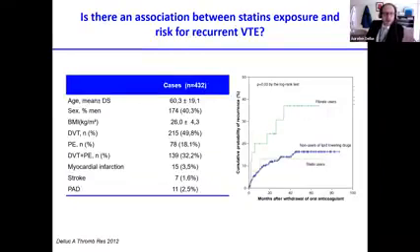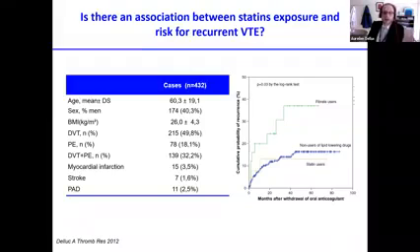So again, in our cohort of patients almost 10 years ago, we looked at the risk for VTE recurrence after a course of anticoagulation in unprovoked VTE patients. All patients received between 6 to 12 months of anticoagulation and stopped their treatment.